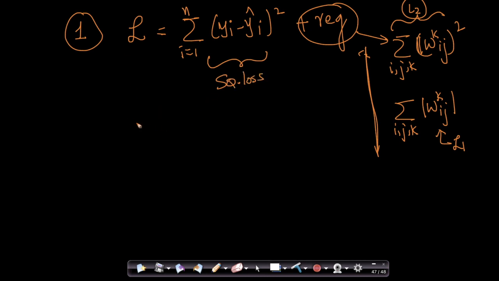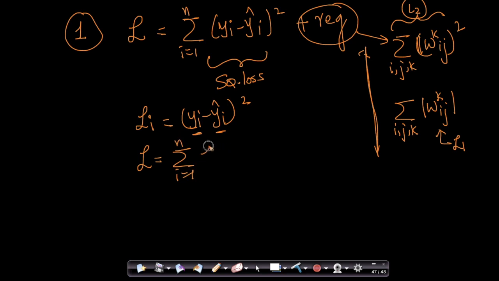Just for simplicity, let me call Li the square difference between the actual value and the predicted value for just the ith point. Then I can write L as nothing but summation over i equals 1 to n of Li plus regularization. I'm just defining a new term here. This is my squared loss with regularization.